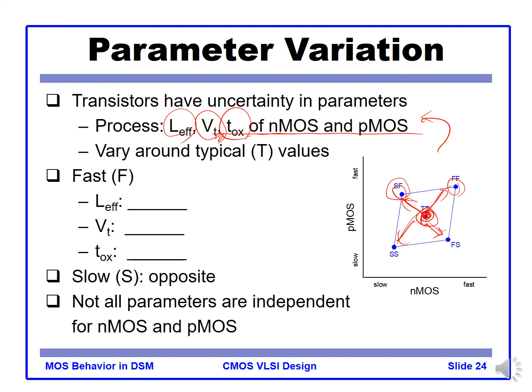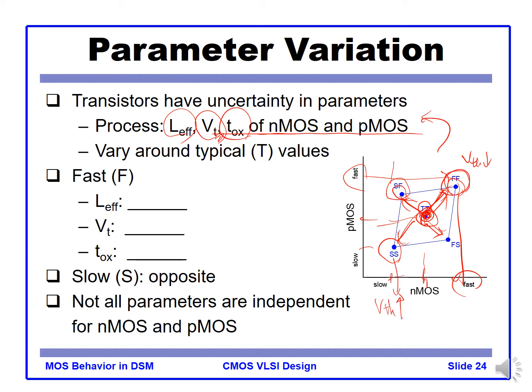For different corners, what will happen is, the typical is the typical speed for NMOS and PMOS, but if it goes to the fast corner, then NMOS and PMOS are both fast, meaning VTH is lower. For the slow corner, NMOS is slow and PMOS is slow, which typically happens when the VTH goes up.